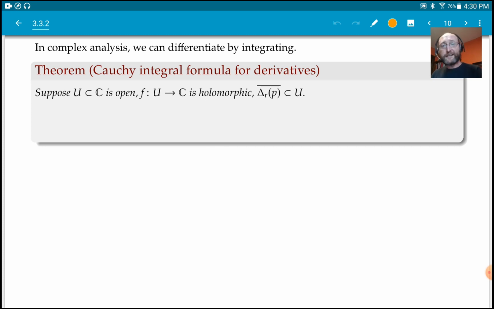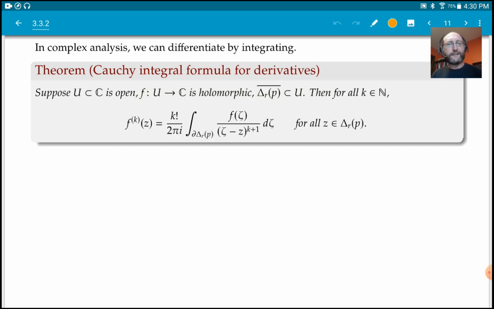So if we start with a holomorphic function, and we start with a disk whose closure is contained in the domain of f, then for any k, the kth derivative, and z is any number in this disk.